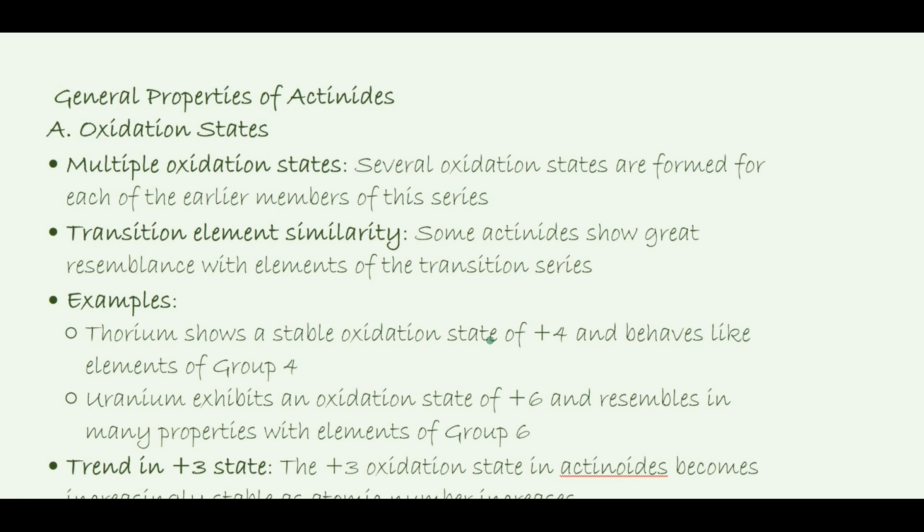In the lanthanide series, other than 4f0 type, that means lanthanum 3+ and cerium 4+, and 4f14 type like ytterbium 2+ and lutetium 3+, the ions are paramagnetic. They have unpaired electrons.